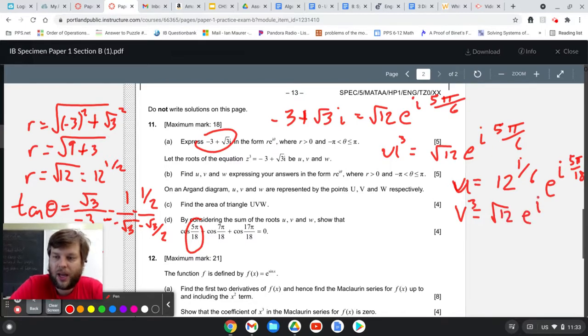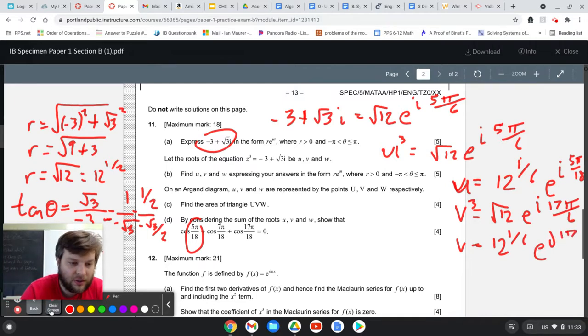If I add 2 pi, that's like adding 12 sixths. So 17 pi over 6. That means that v is going to be 12 to the 1/6 e to the i, 17.